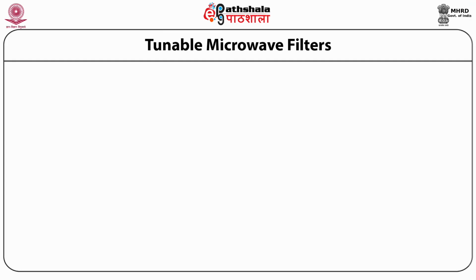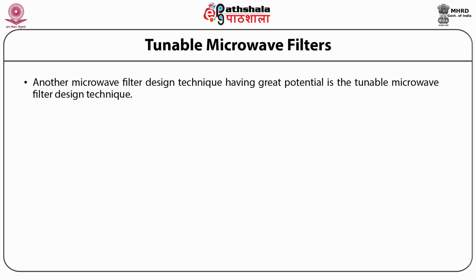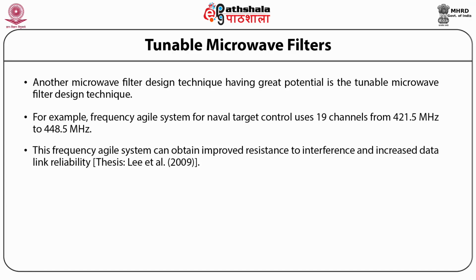Tunable microwave filters. Another microwave filter design technique having great potential is the tunable microwave filter design technique. For example, the frequency agile system for naval target control uses 19 channels from 421.5 MHz to 448.5 MHz. This frequency agile system can obtain improved resistance to interference and increase data link reliability.